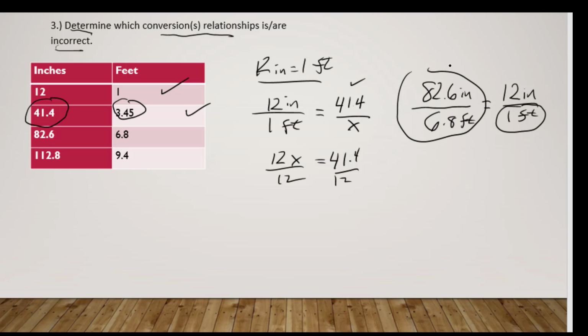So let's go 82.6 over 6.8, and I get 12.15. So when I divide these two, I get 12.15, which of course you can put over 1. So that would be inches to feet. That's not correct.